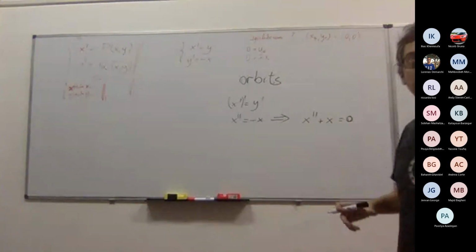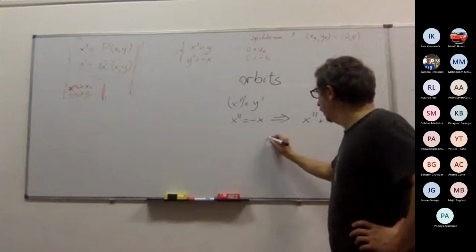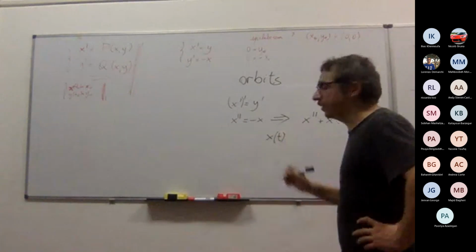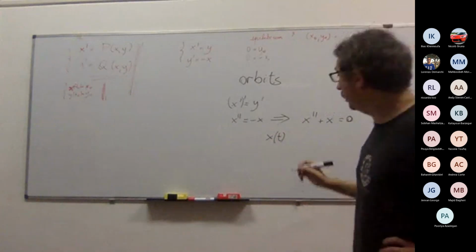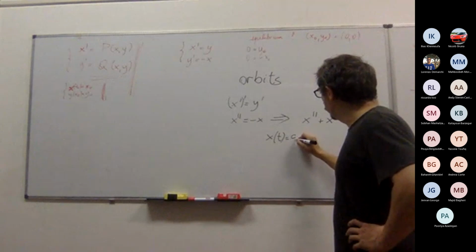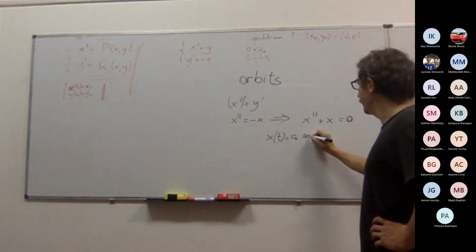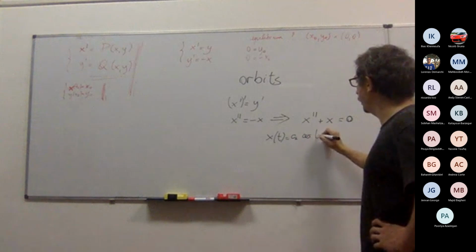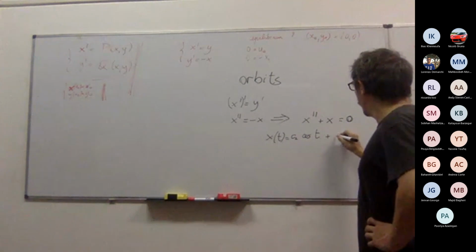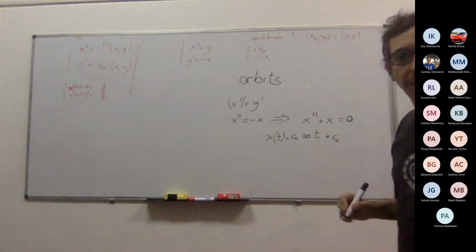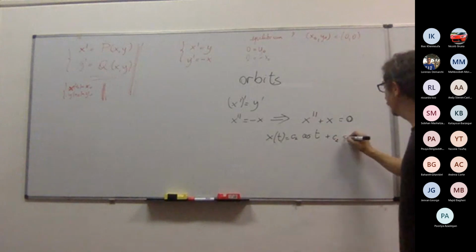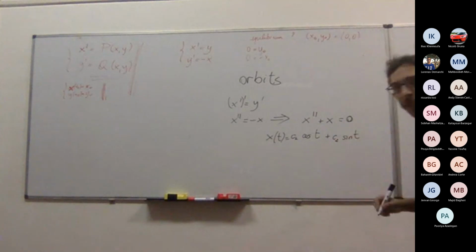What's the solution of this equation? The solution is x(t) equal to some constant c1 times the cosine of t plus another constant c2 times the sine of t.